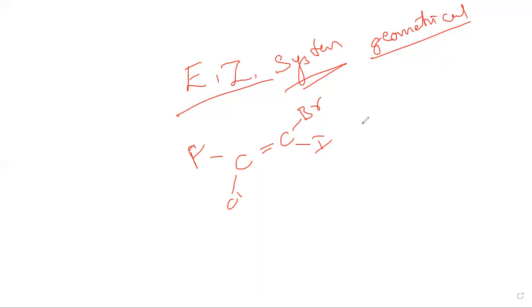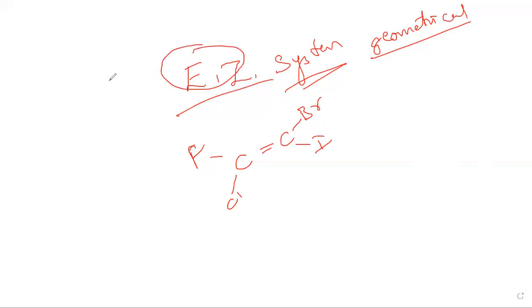Then it is very difficult to assign cis and trans, that is, which group is on the same side or the opposite side. Then we can use the E and Z system.